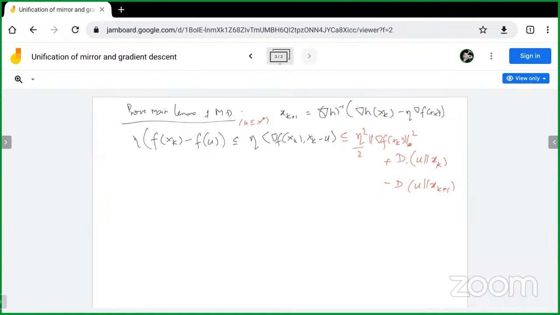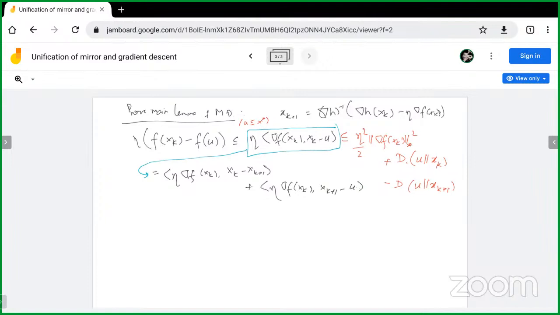So let's just work it out and figure out what this quantity is. Break it into two steps because I want to compare the two things. So this is eta times the gradient of f at x_k, inner product with x_k minus x_k plus 1, plus x_k plus 1 minus u.